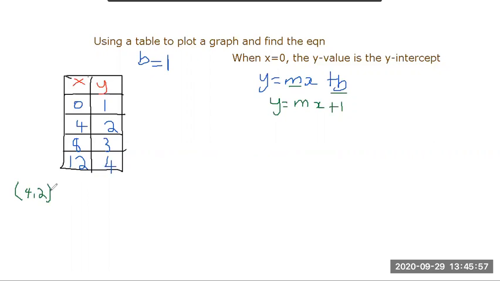And then another point would give me 8, 3. That's all I did. I just took 2 points because the x goes first, y goes second. Then I'm going to label x1, y1, x2, y2.